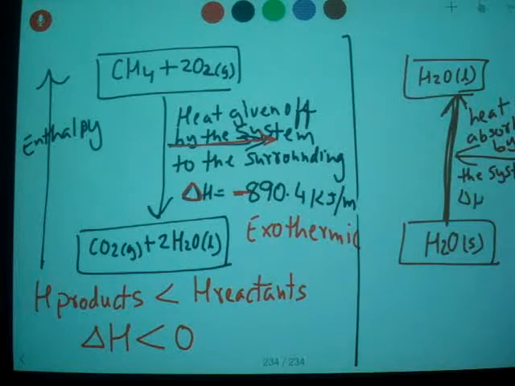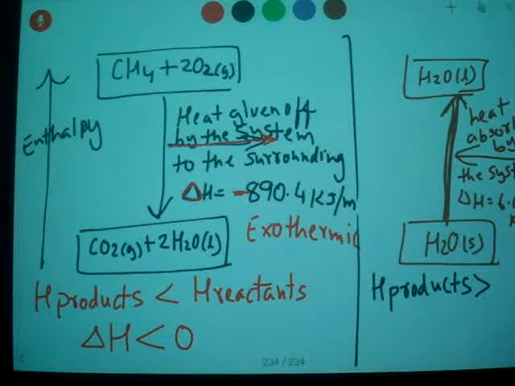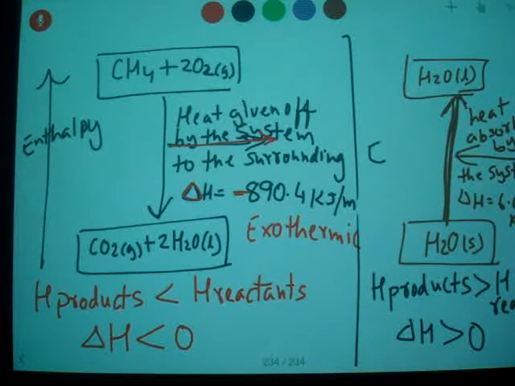And delta H is going to be positive. Why? I'm going to explain. You can see 6.01 kilojoules per mole. In this case, H of products is greater than H of reactants. So that means delta H is greater than 0. So that's for endothermic.